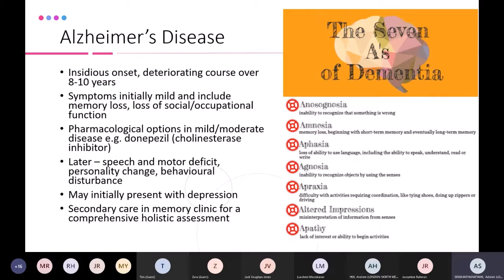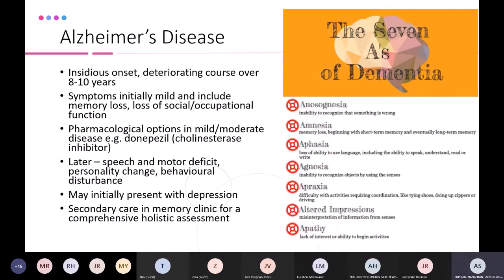Symptoms usually start off mild, and it includes things like memory loss, social and occupational functional losses as well. So you're not able to function in your job, for example, or just socially in your social groups. And for any kind of mild to moderate disease, you'd consider something like a cholinesterase inhibitor, such as donepezil.